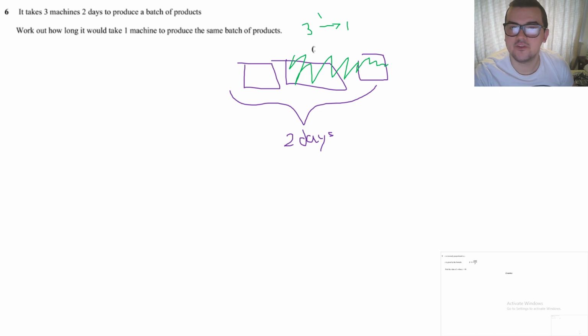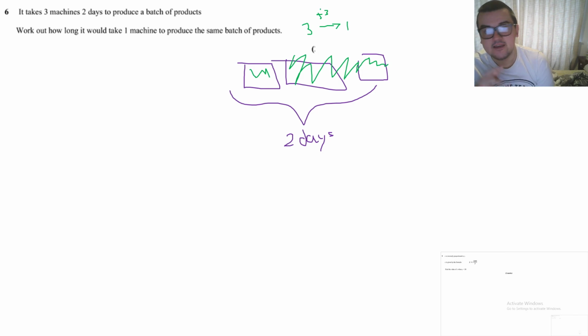We have divided by 3. Now because this extra machine is having to put in way more effort, because this machine's putting in the same amount of effort, it's going to take it longer because these 2 machines aren't here.